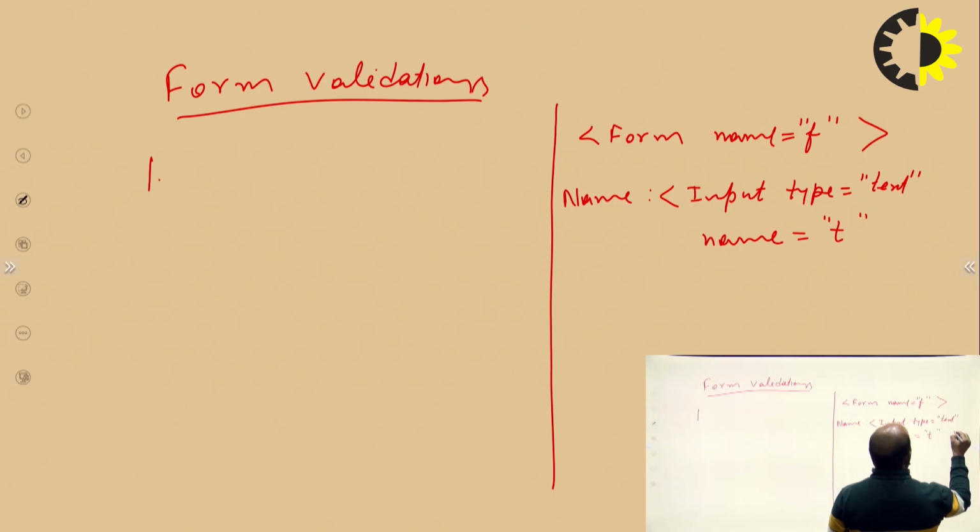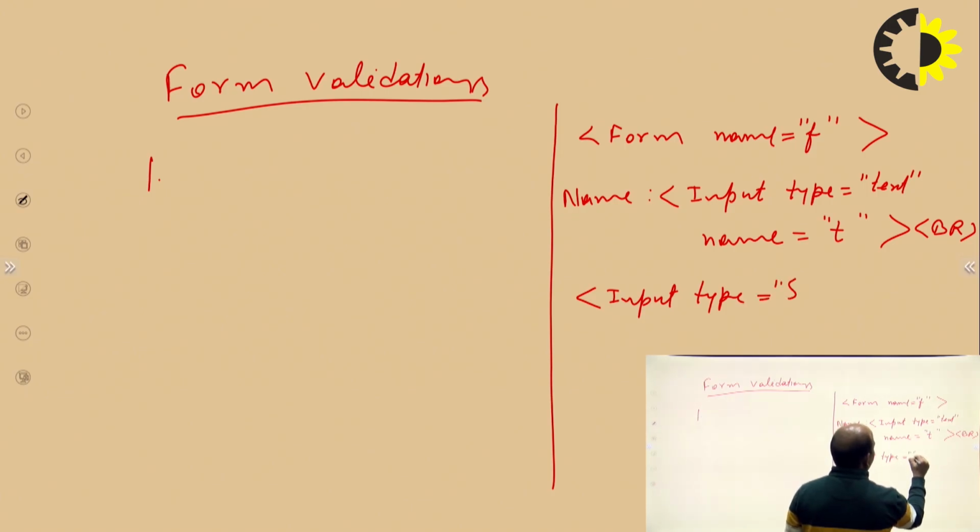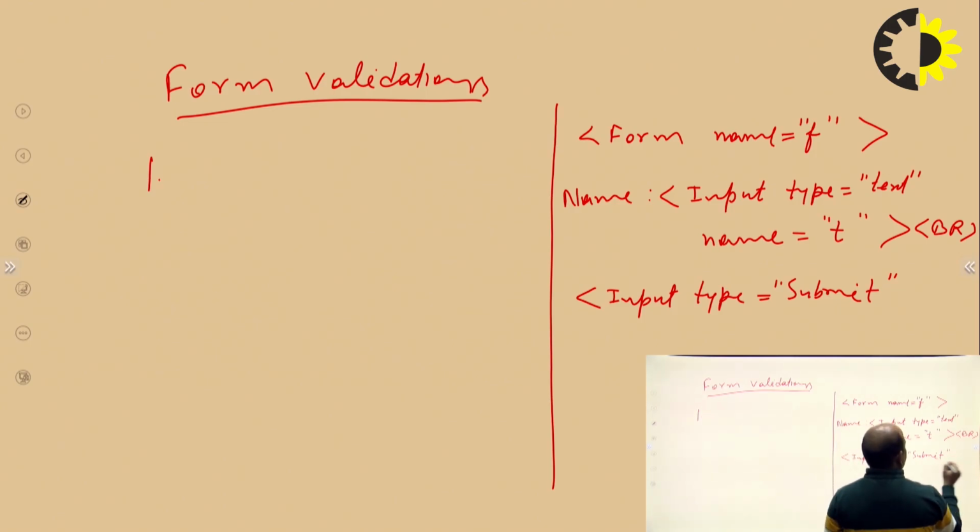Now after that I am using BR to break to the next line, and now I am creating a submit button. For that I am writing input type is equal to submit and name is equal to submit.